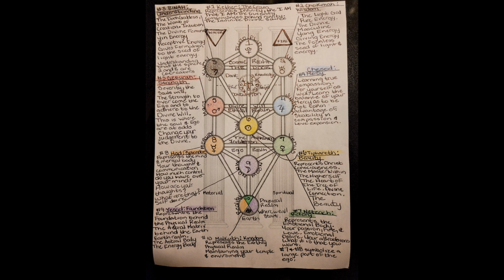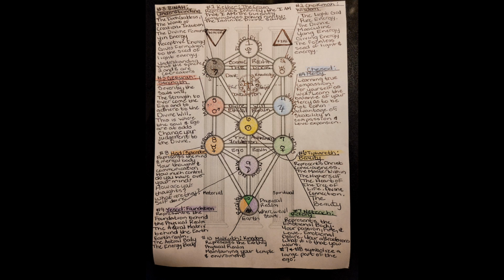Now, moving on from sphere 6, we go to sphere 5. Sphere 5 is shaded red, and it's representative of the planet Mars. Forgive me if I pronounce this wrong, but number 5's name is Geburah, and it's translated to strength.